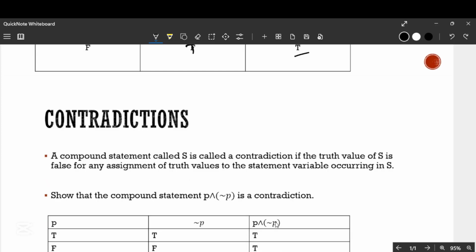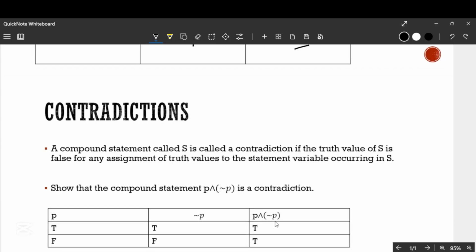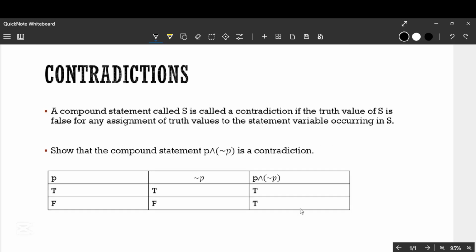Now let's look at a contradiction. A compound statement S is called a contradiction if the truth value of S is false for any assignment of truth values to the statement variables occurring in S. Now let's use a real life scenario. A contradiction is a statement that is always false.